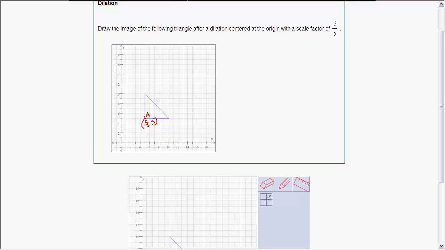We'll look at this next one up top. Let's call that B. And B is 5, comma 10. And our last point, this one down here, is C. And C is 10, comma 5.